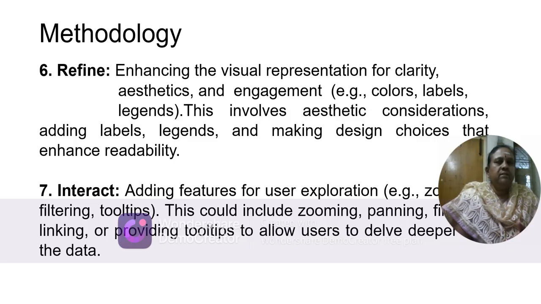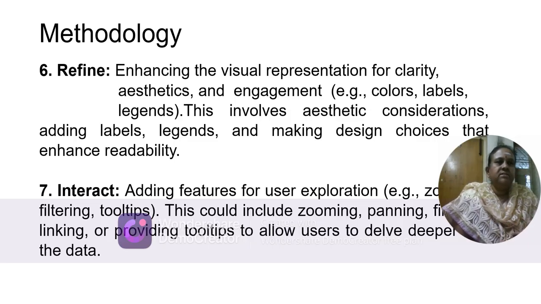And your sixth stage is refine, that is making more enhancement of the data visual, like adding colors and labels in a proper way, and the right design choices for enhancing the readability.